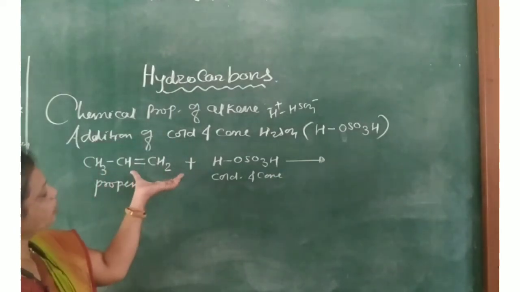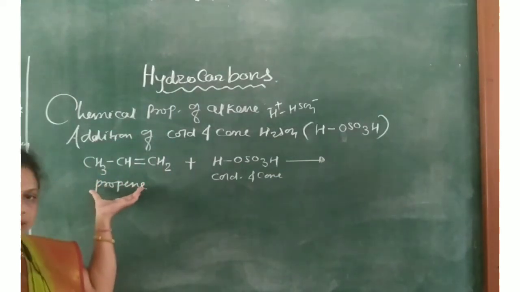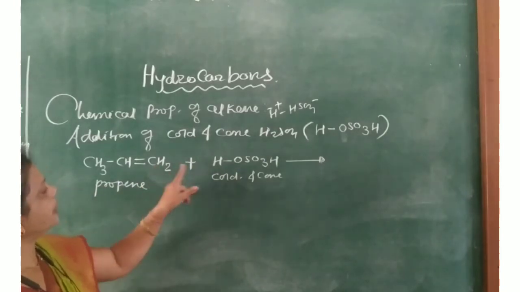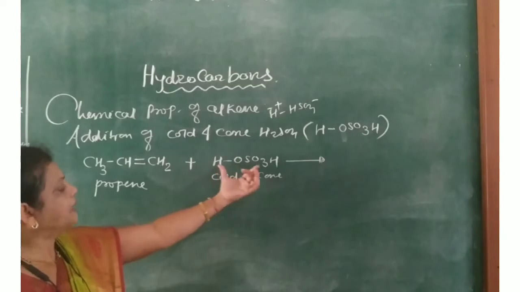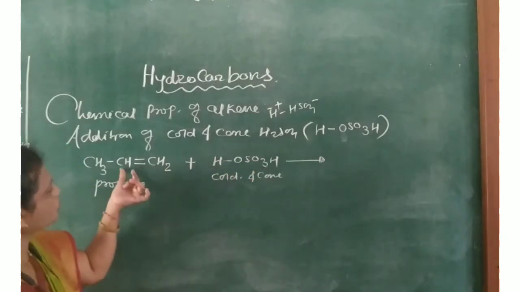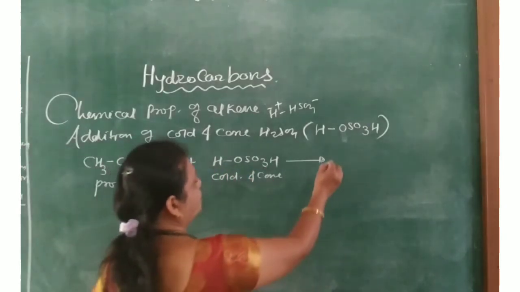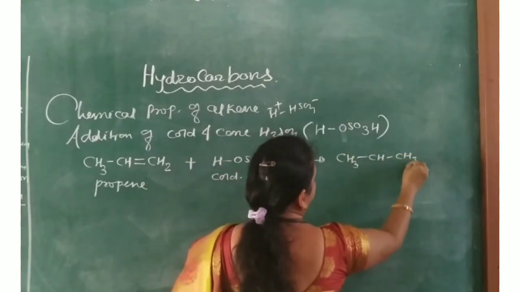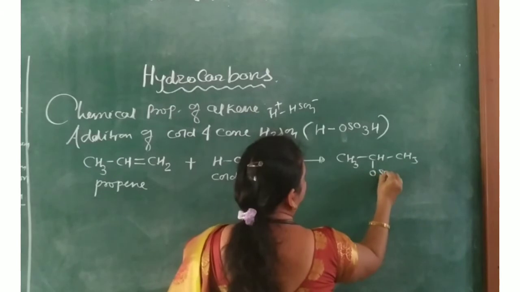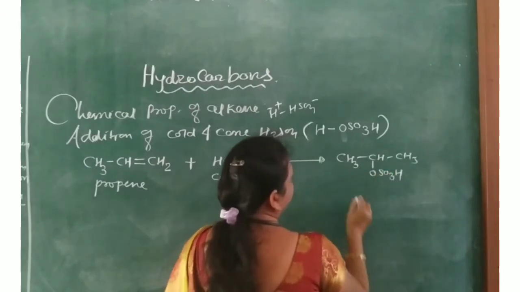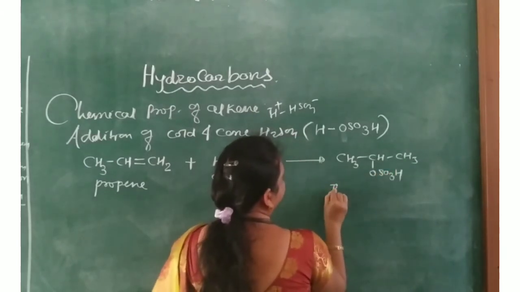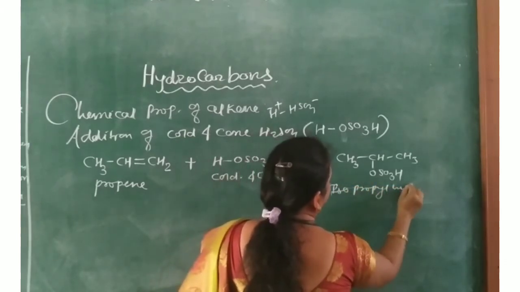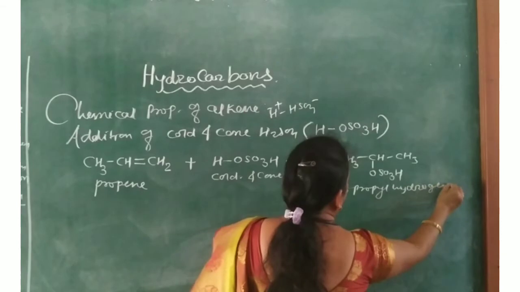First, now this propene is unsymmetrical and therefore according to the Markovnikov rule this CH2 combines with H and the negative part goes to CH, to form here CH3CH, here CH3 and here OSO3H, that is isopropyl hydrogen sulfate.